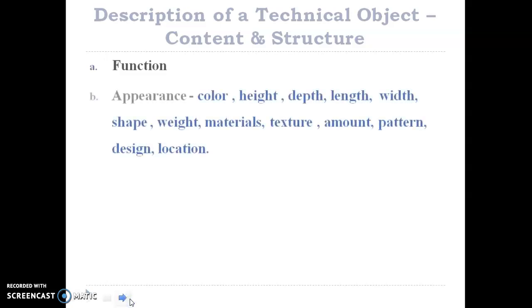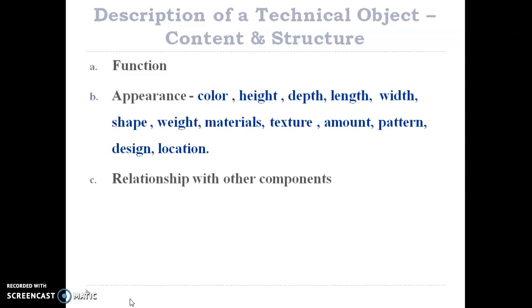So the first thing, you should talk about the function that particular component performs, and second, how it appears, that is its external features like color, height, depth, length, width, shape, weight, materials, texture, amount, pattern, design, and its location. You should also include its relationship with other components. So how does it work in relationship with the other components? So you have to describe each component covering these 3 elements.